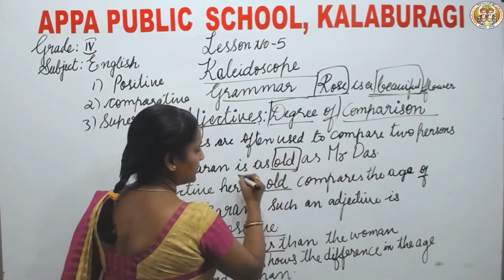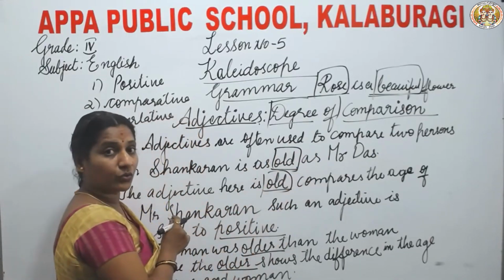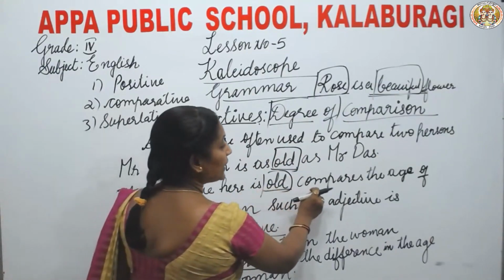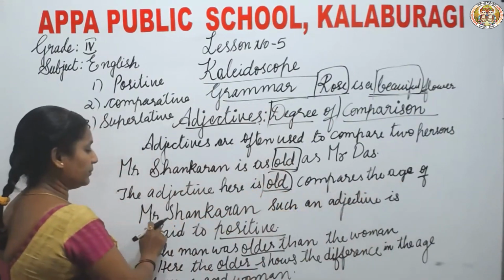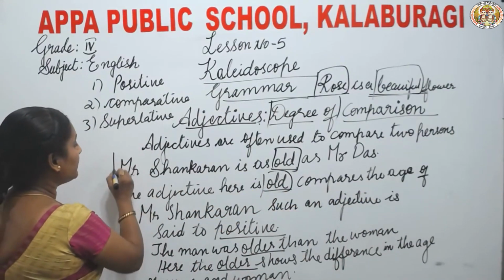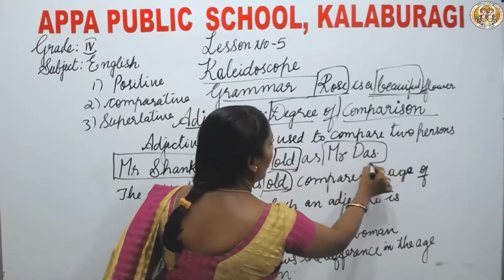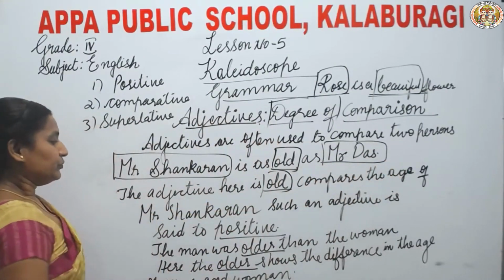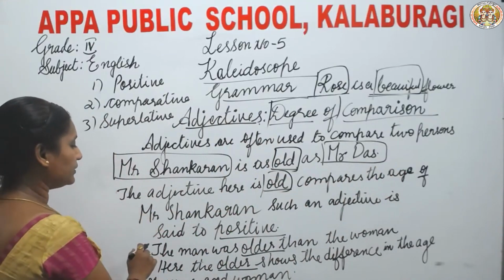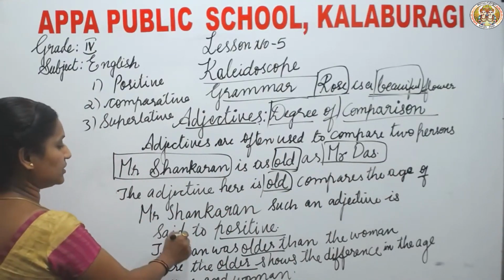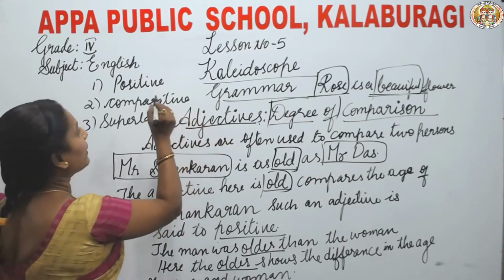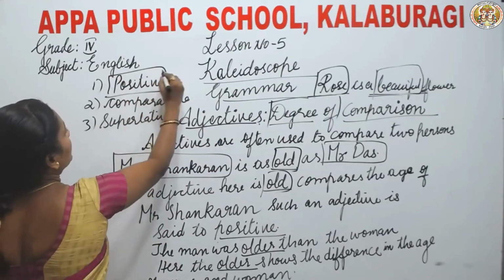So what is it doing in the sentence? It compares the age of Mr. Shankaran to Mr. Das. This is said to be a positive degree of comparison. So this one is done.